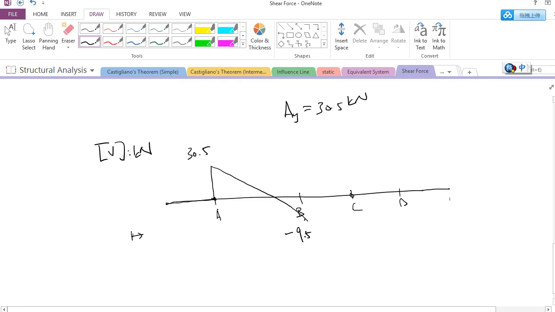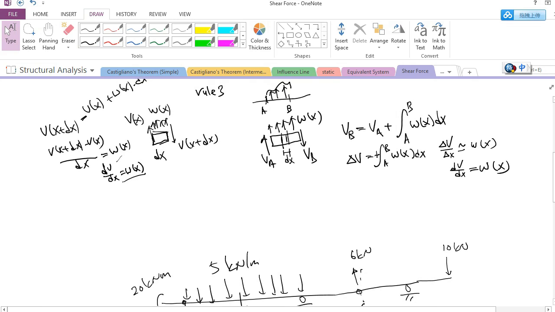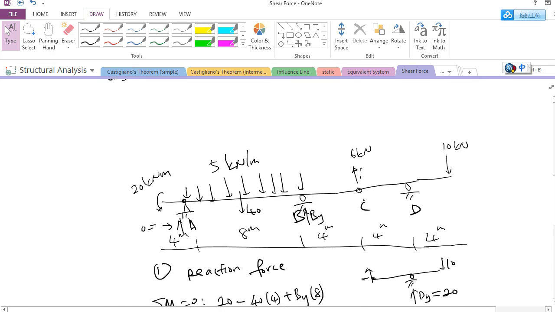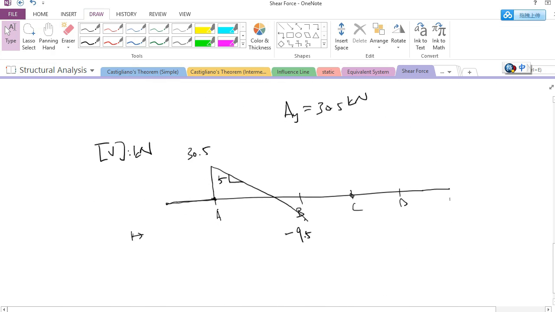Negative 9.5. The slope here is negative 5. Why? Because based on this rule, the slope of the shear force is the distributed force. In our case, the distributed force is uniform, so it's a constant slope. Let's see, 30.5 minus 40 is negative 9.5.